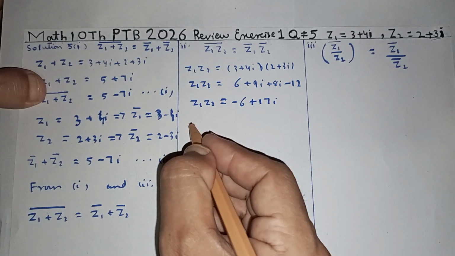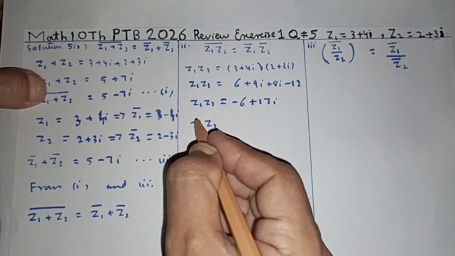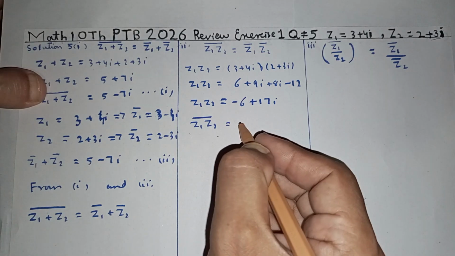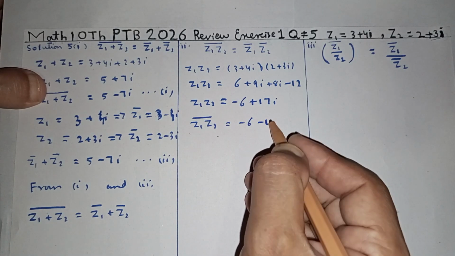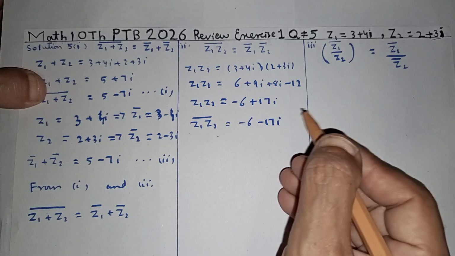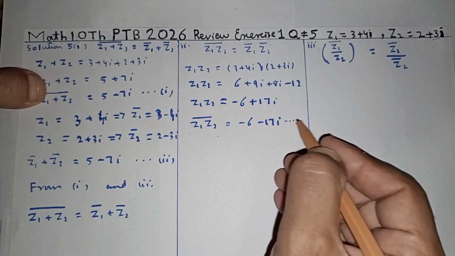Now take its conjugate, z1 z2 conjugate is equal to minus 6 minus 17 iota. Equation 1.